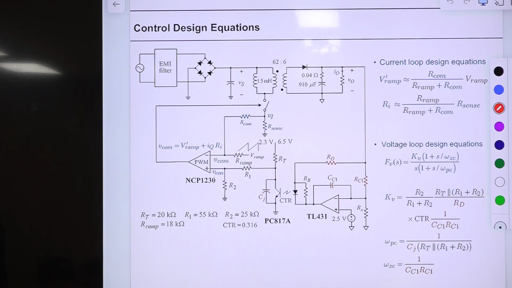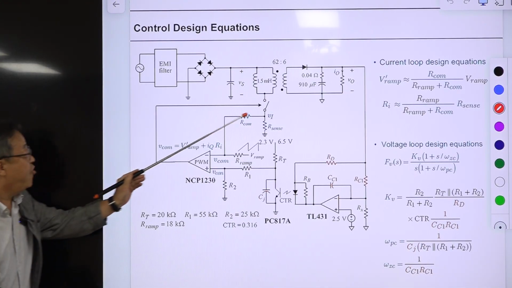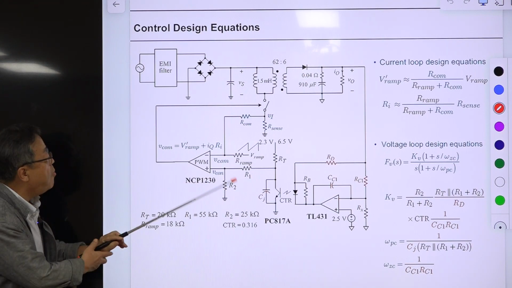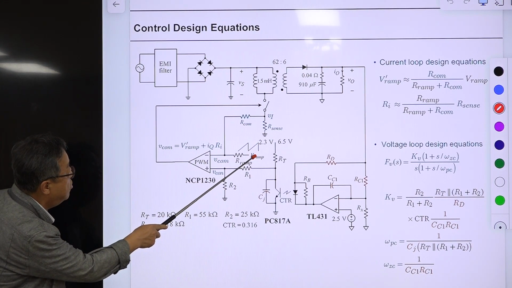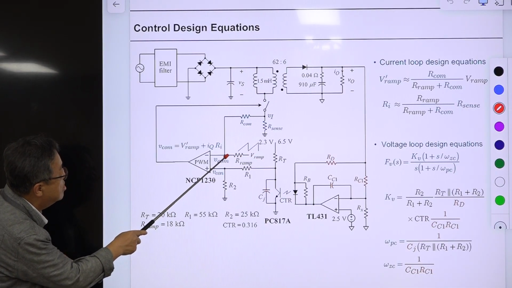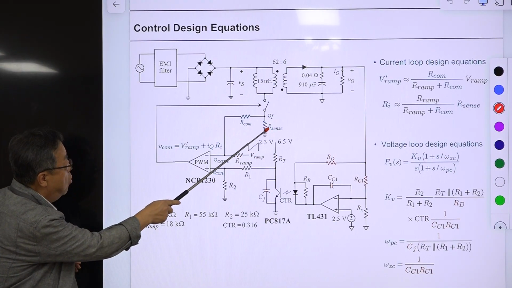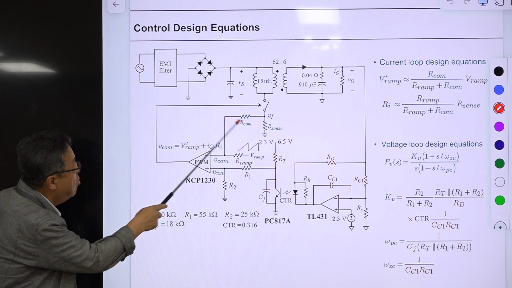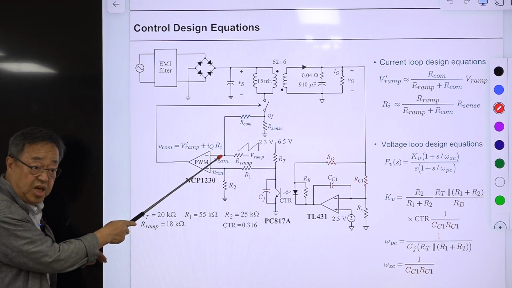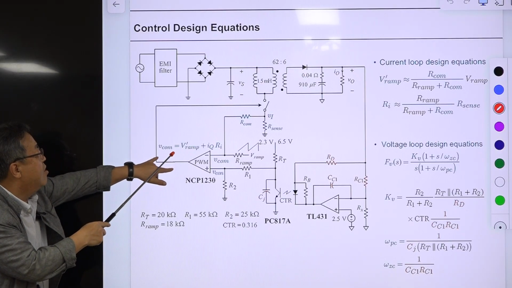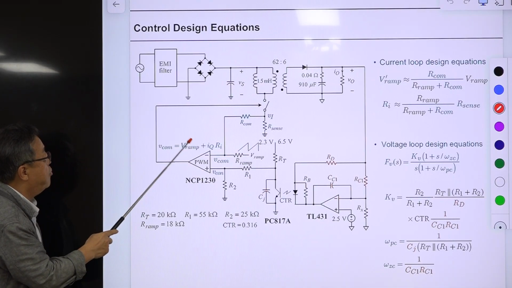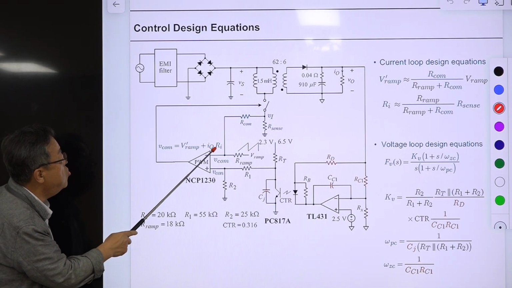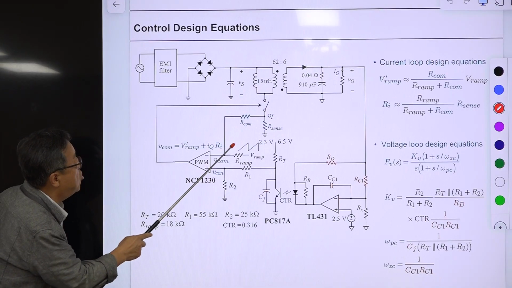In the previous lecture slide, there is a clear distinction between VI and V ramp, but somehow here they are mixed. The original ramp is generated here, then that ramp is divided by the voltage division and comes here. So this voltage is V_ramp prime plus I_Q times R_I.